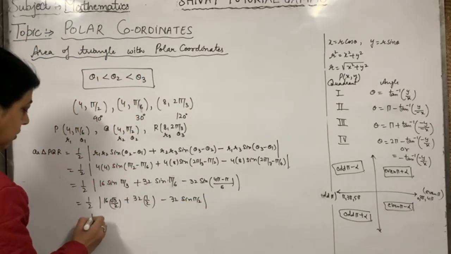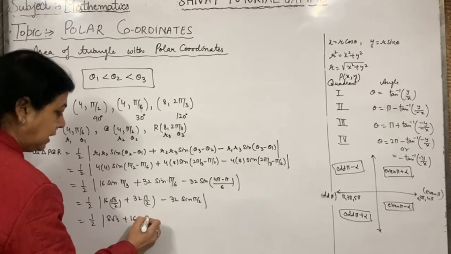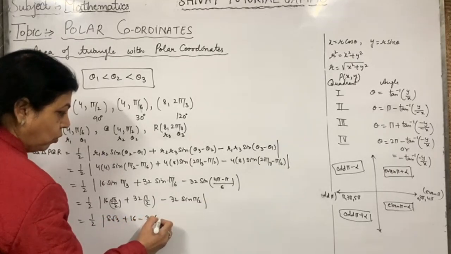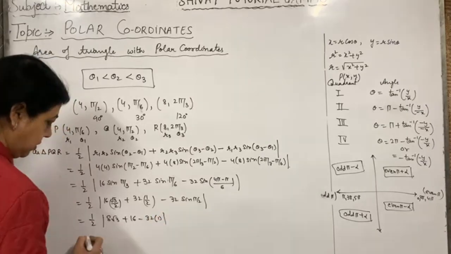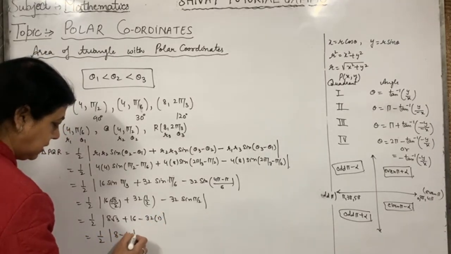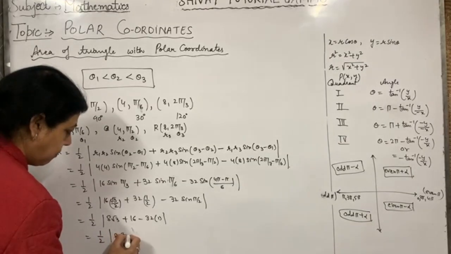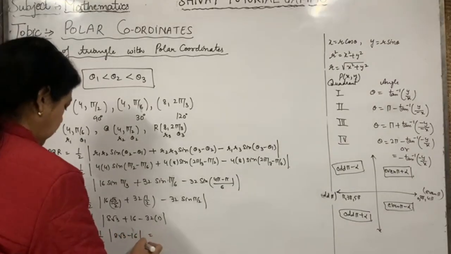Clear? This is 8 root 3 plus 16 minus 32 into 1. This will be 8 minus 8 root 3 minus 16. Okay.